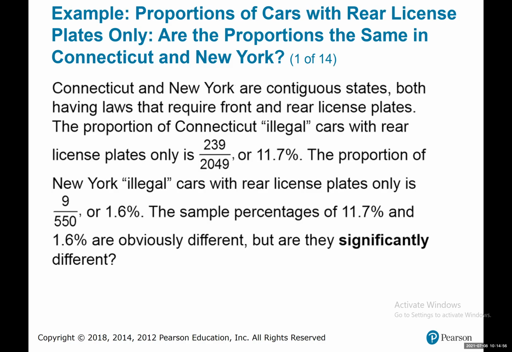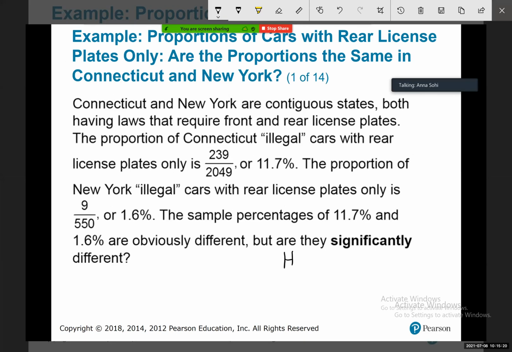Thank you. So you want to know, comparing the proportion of illegal cars having rear license plates only in Connecticut and New York, whether they are different or not. So step 1, the null hypothesis and alternative hypothesis.